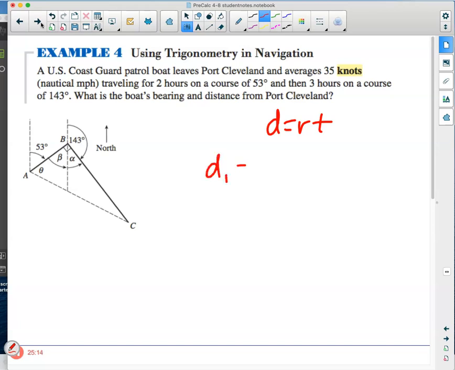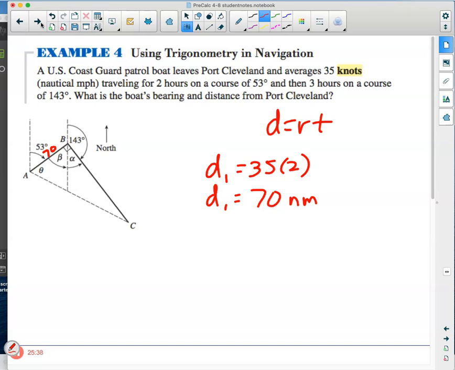So the first distance was 35 times 2, 70 nautical miles. I'm going to use NM, so we remember that as nautical miles. Oh, well that's good news, because that gives me a 70 right there. That's one side of the triangle.